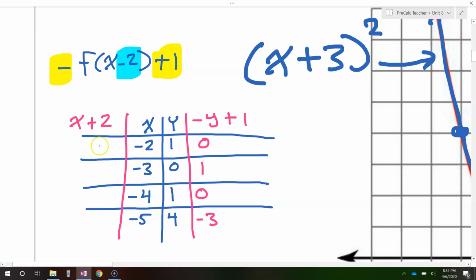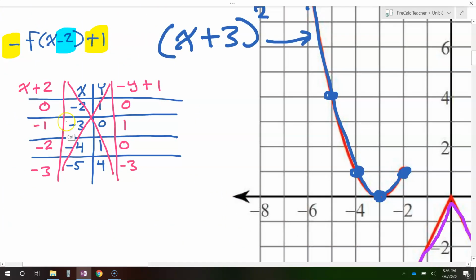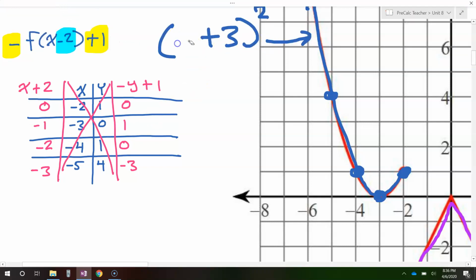So -2 plus 2 would be 0. -3 plus 2 would be -1. -4 plus 2 is -2. And -5 plus 2 is -3. So these are the new x and y coordinates. So all I have to do is plot these red points, and that will be the new function.